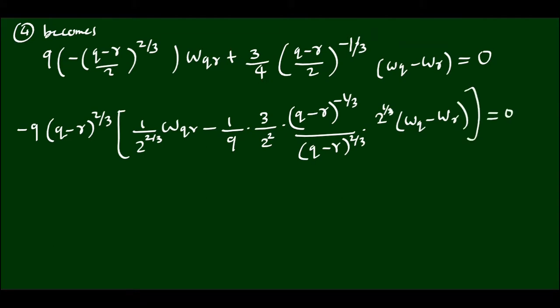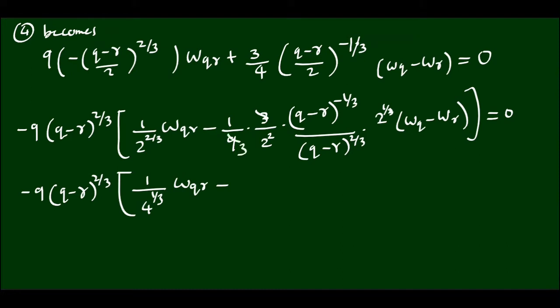Now we simplify the terms inside the bracket, so the equation will become minus 9 into (q minus r) all raised to 2 by 3 into, I can write 1 by 2 raised to 2 by 3 as 1 by 4 raised to 1 by 3 into wqr minus, from here we can cancel 3, and 2 by 3 divided by 2 square will become 1 by 2 raised to 2 minus 1 by 3, that is equal to 1 by 2 raised to 5 by 3.